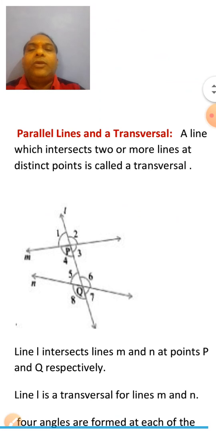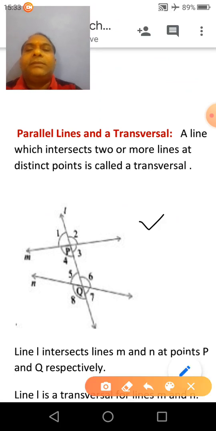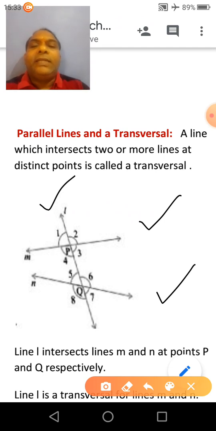Here two lines are M and N, and a line L which intersects these two lines at point P and point Q. Clear?